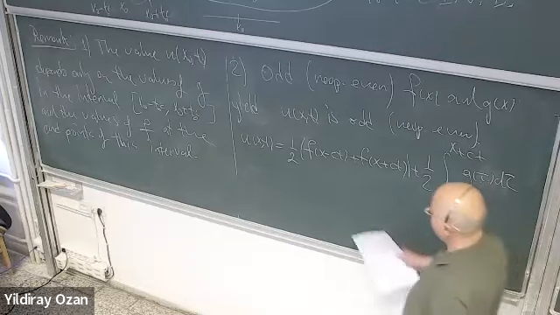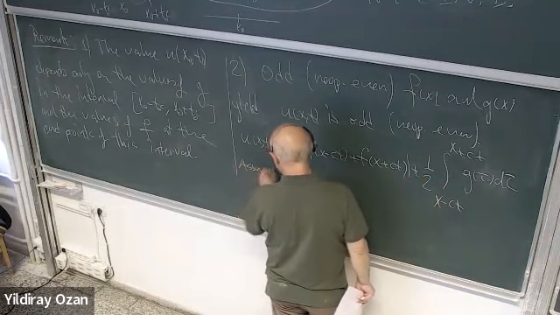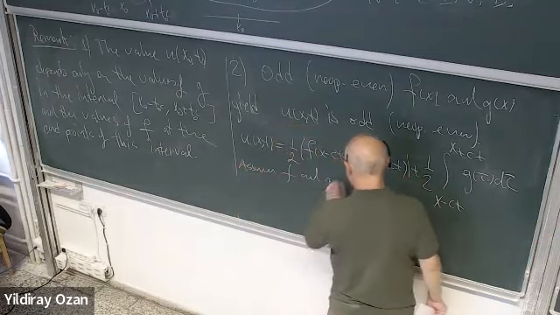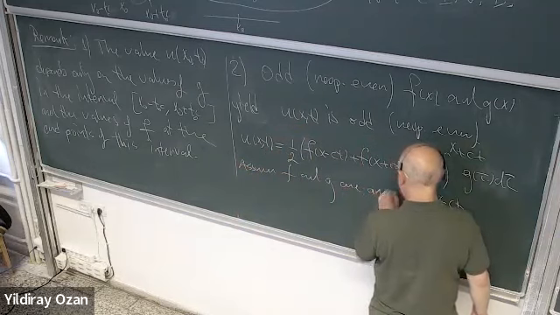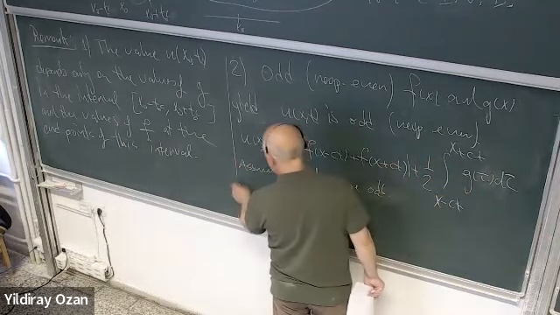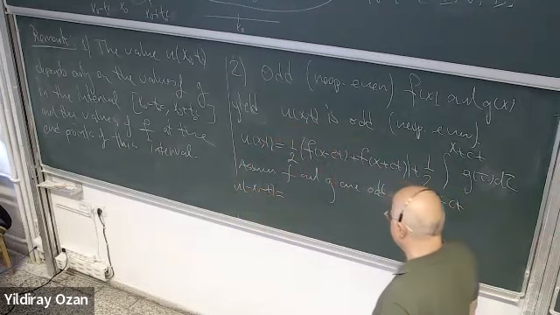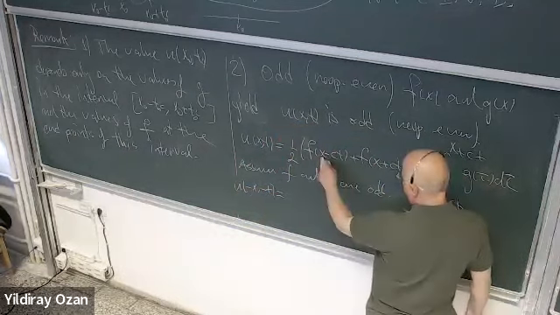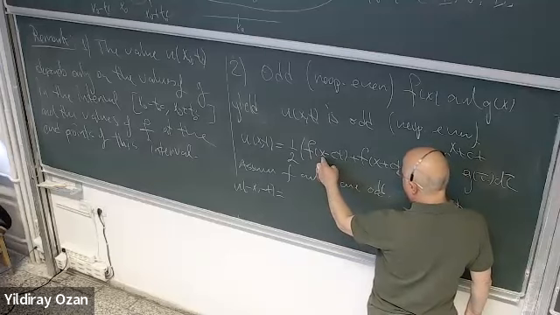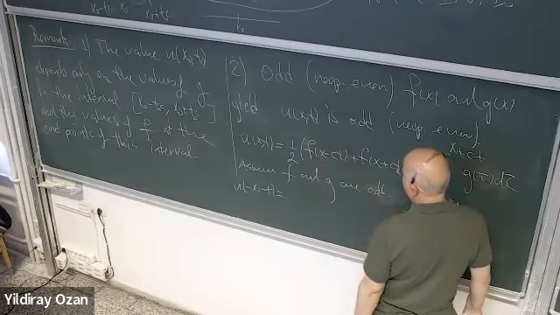Assume f and g are odd. O zaman bakalım u nasıl olacak? Minus x minus t koyduğum zaman değil mi? Burada so we put minus x minus t. So the expression here is just multiply with minus 1.